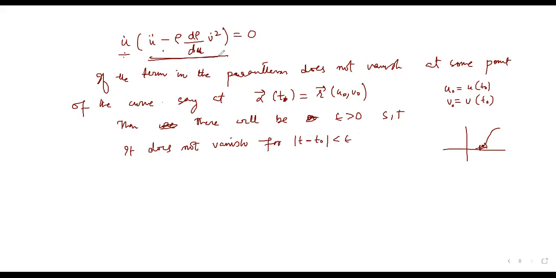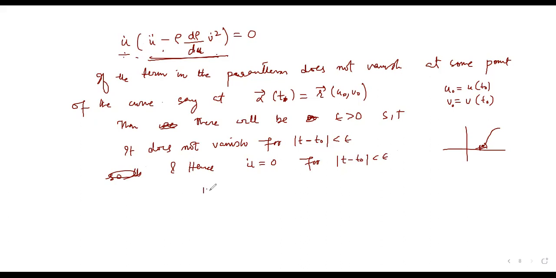So if this does not vanish and their product is 0, it means for those values of t u dot must be 0, because their product is 0. So write, hence u dot must be equal to 0 for t minus t naught less than epsilon, and for some interval.